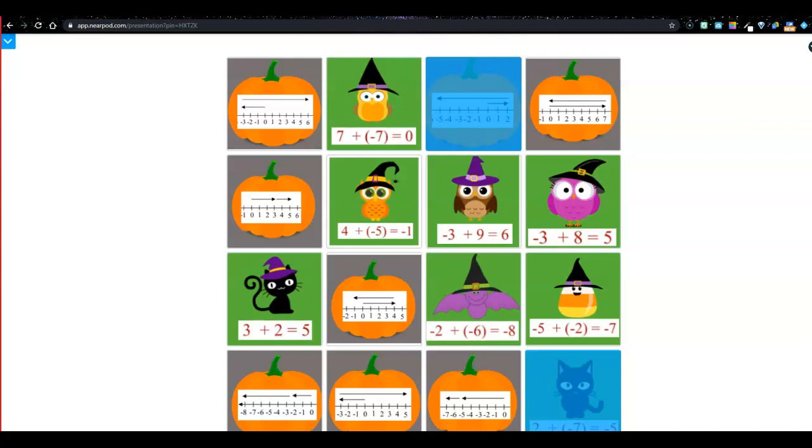Okay, pick a pumpkin to start with. That one? Okay, so starting at 0, the arrow goes backwards to what? -3, and then it's going to equal +6, right?